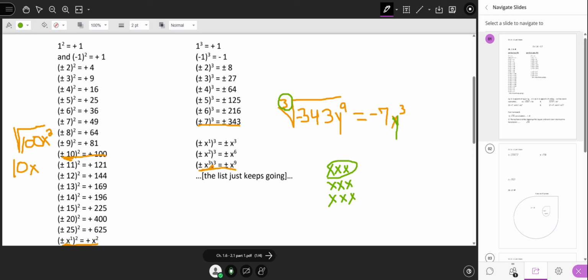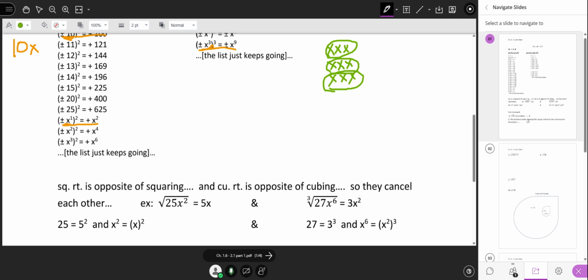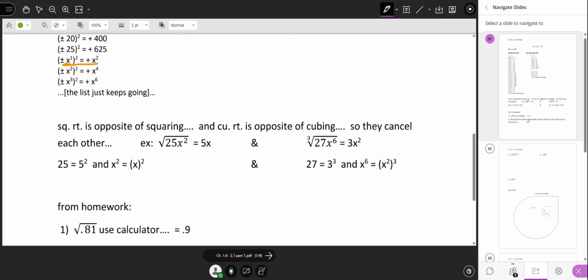So there are 3 sets of 3. So that's how they do that. And this kind of explains it also.